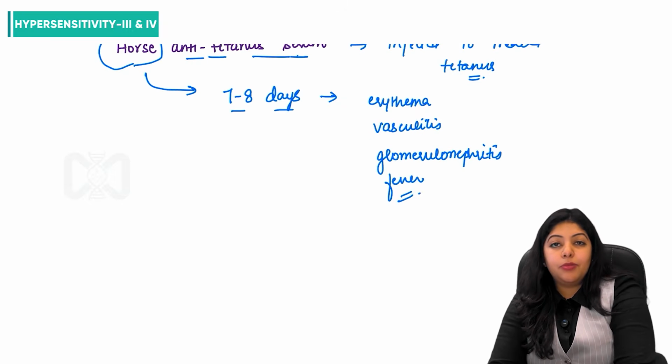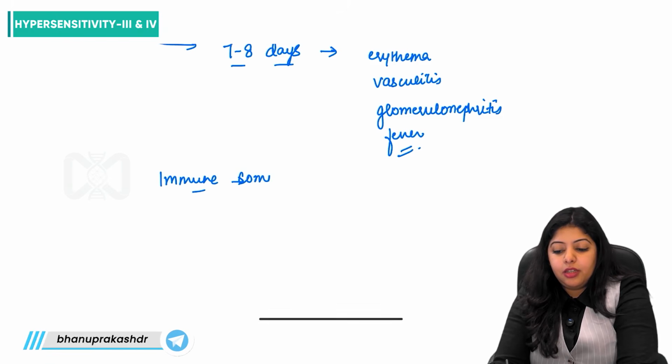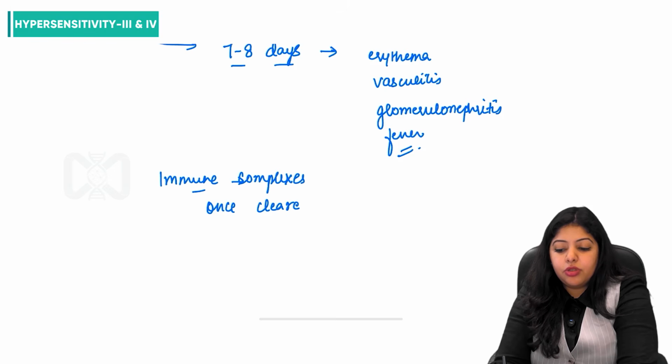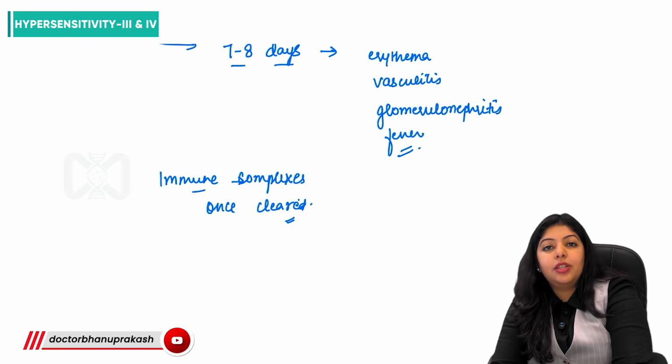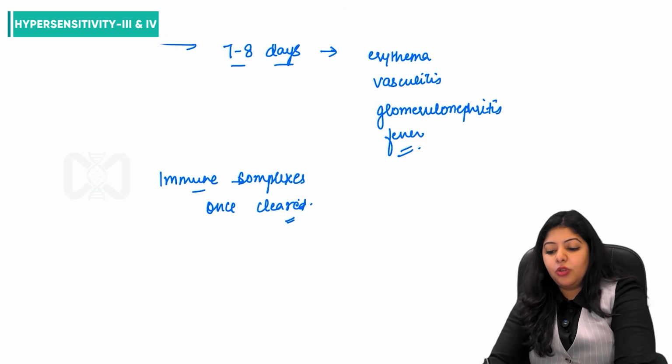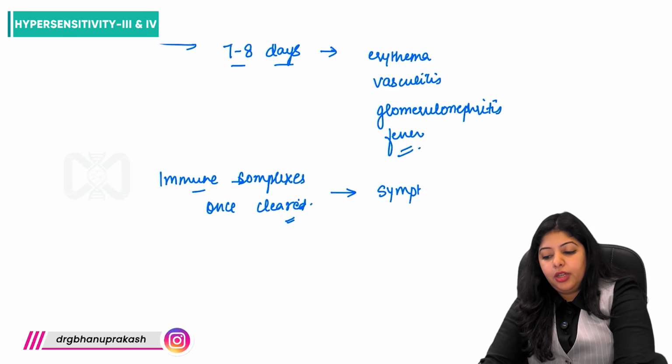Patients developed such symptoms, and once these immune complexes were cleared, these symptoms subsided, right? It was not a permanent situation, but a temporary condition which was considered as serum sickness, where a particular serum once injected led to a lot of inflammatory conditions, and further when these complexes got cleared from the circulation, the symptoms and all the associated conditions subsided, right?